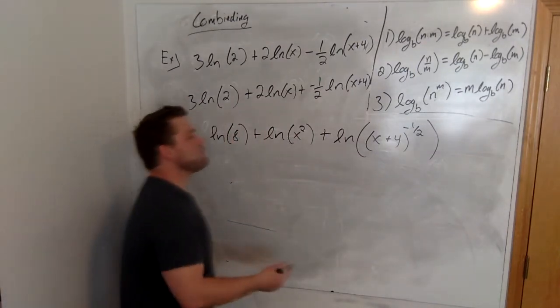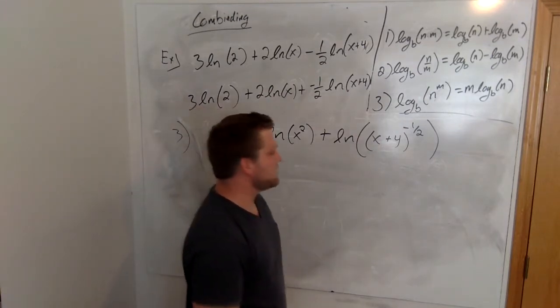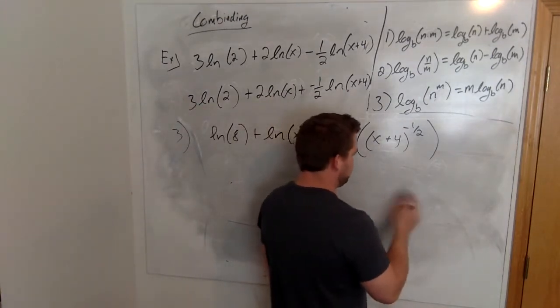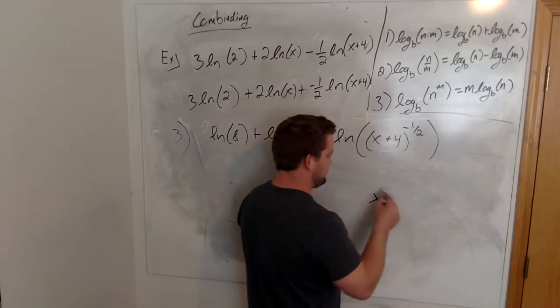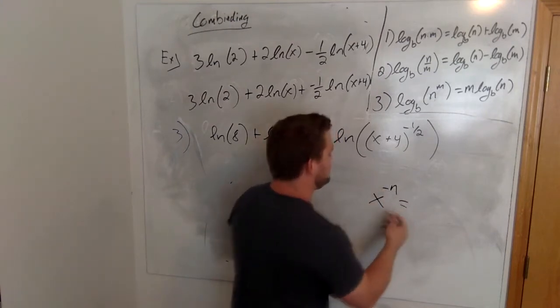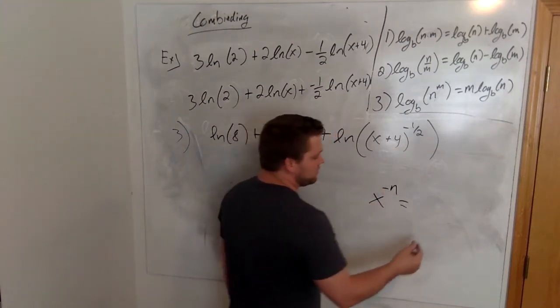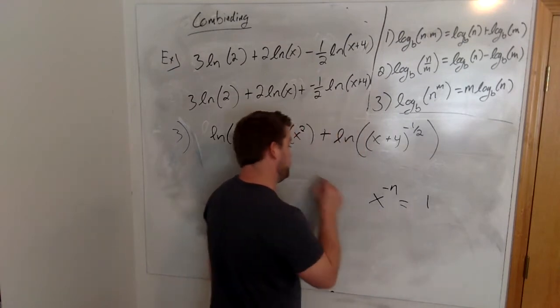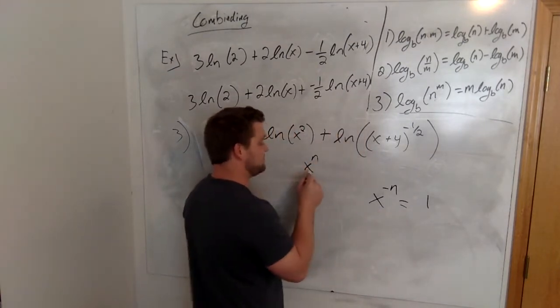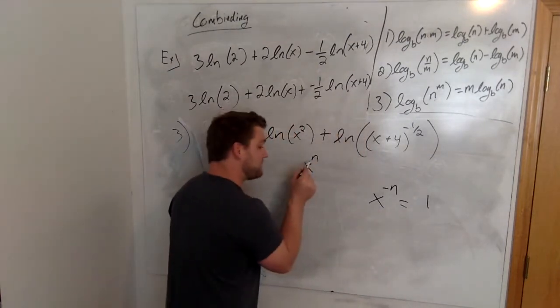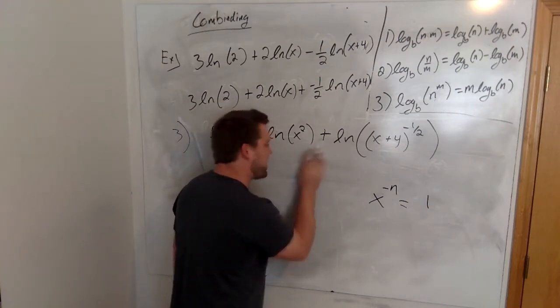Well, let's remember what it means to have a negative exponent. Usually exponents, x to the n, say take this number x and multiply by itself n times.